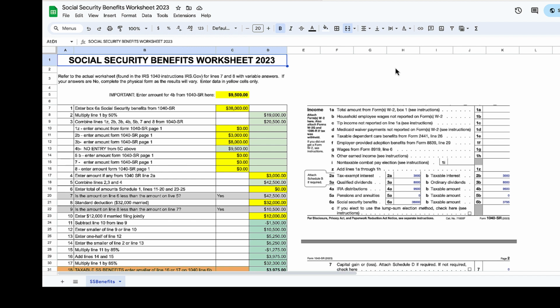Well, here we are at the Social Security Benefits Worksheet, which, if you watched our first video, you will see this spreadsheet. And I'm going to go over this once again for you, just to remind you of the numbers. Now, these are all sample numbers that we put in for the joint return for Sally and Paul Jones.